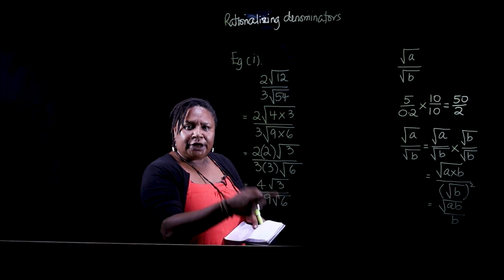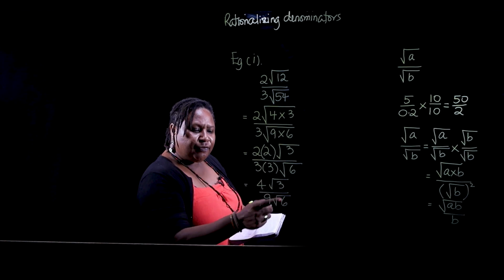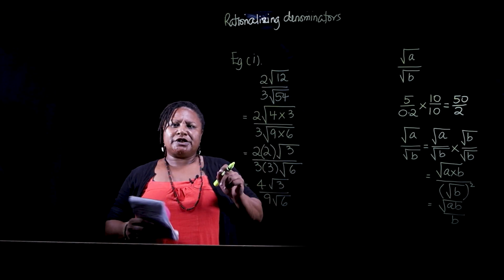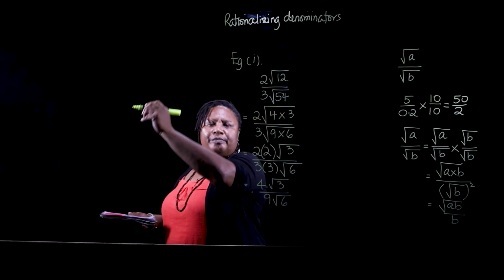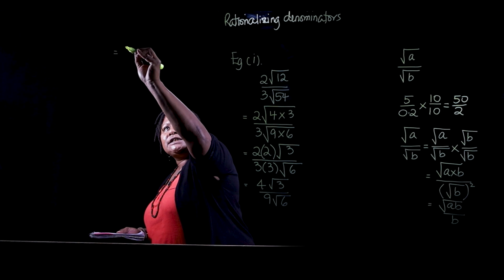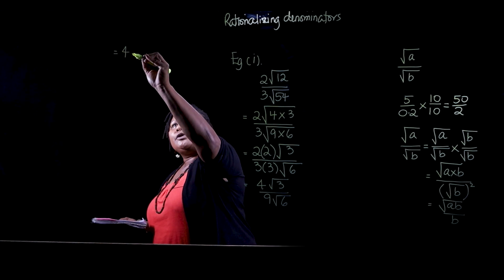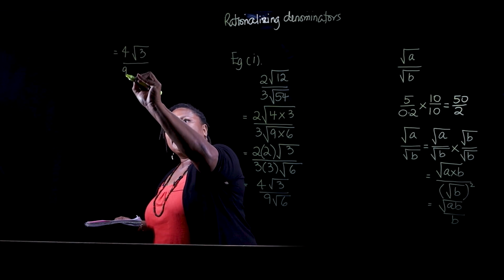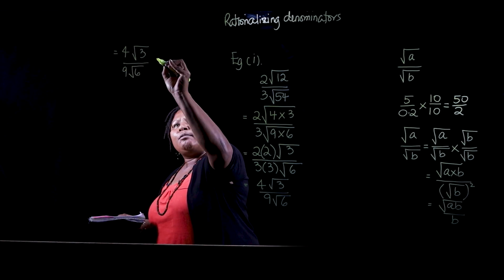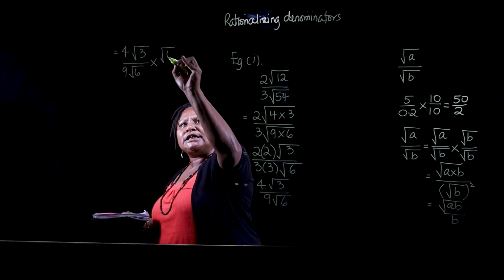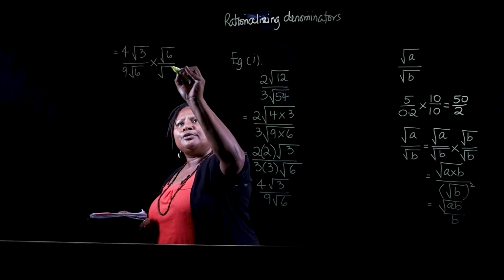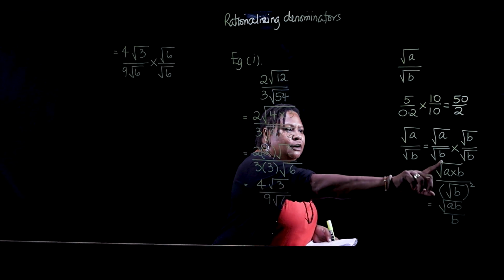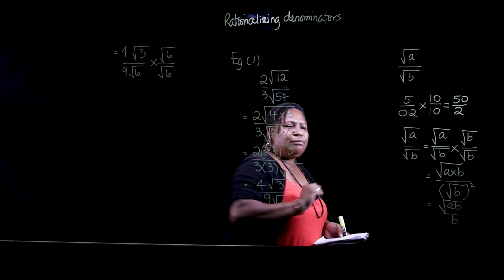Now, we can do the division, but we find that we have the radical sign as a denominator, so we are going to rationalize. We write this as 4 root 3 over 9 root 6 multiplied by root 6 over root 6. We are doing what we did in the earlier example.